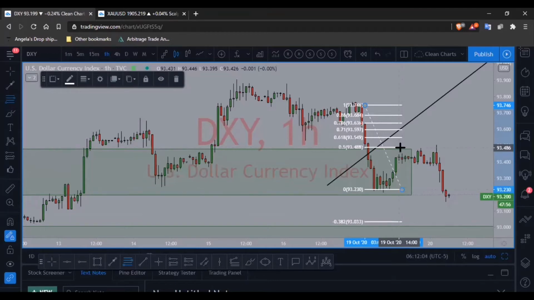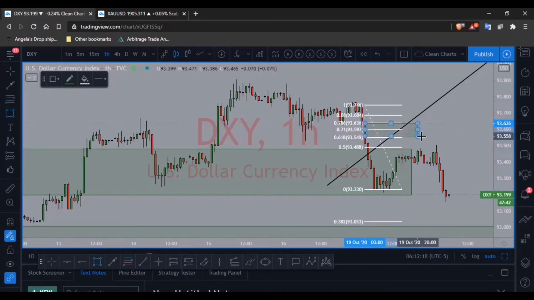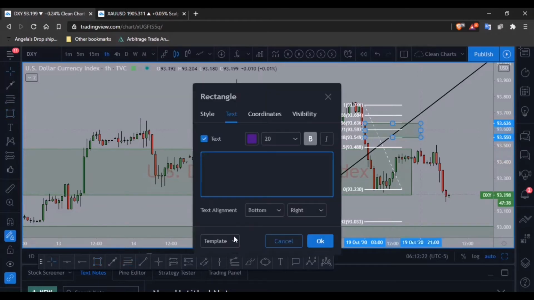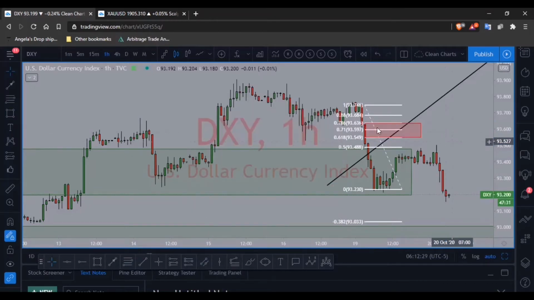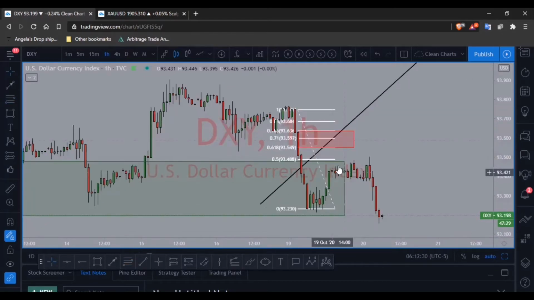I hate that, you guys know how I feel about that. Price came to the 50% fib rather than coming into my sell area, my sell box right here. If I was trying to sell this, I would want price to retrace up to my sell area and then continue to the downside.